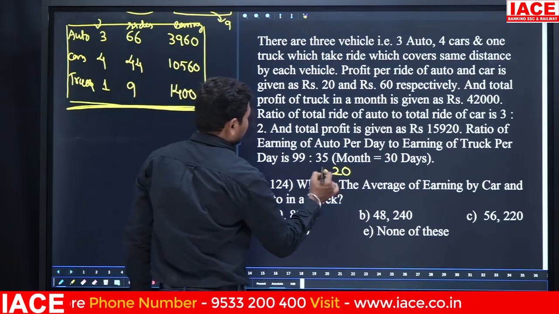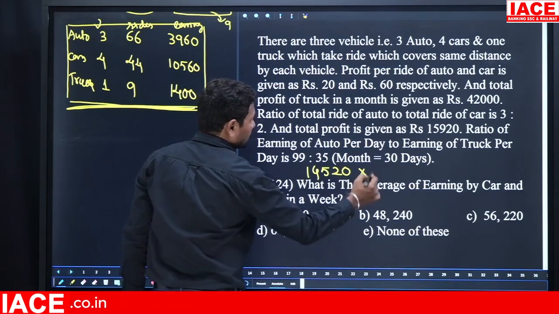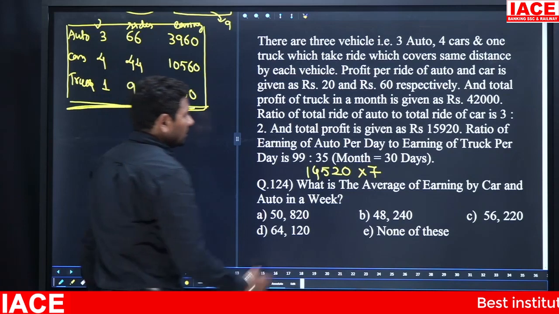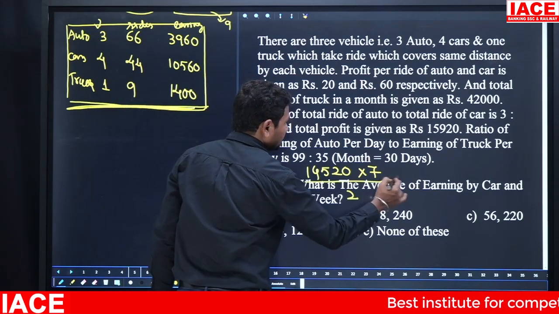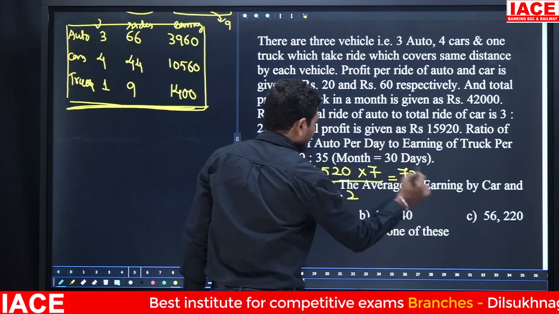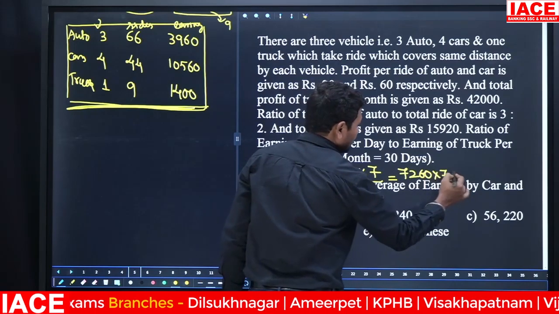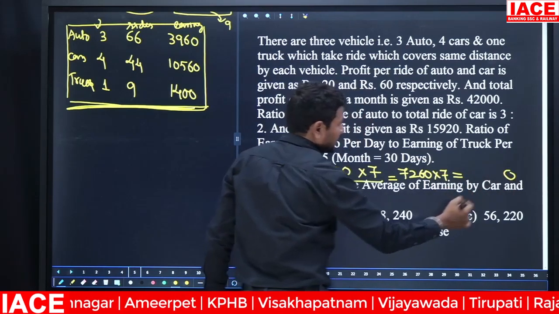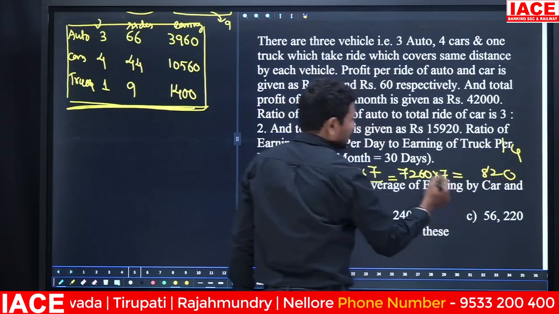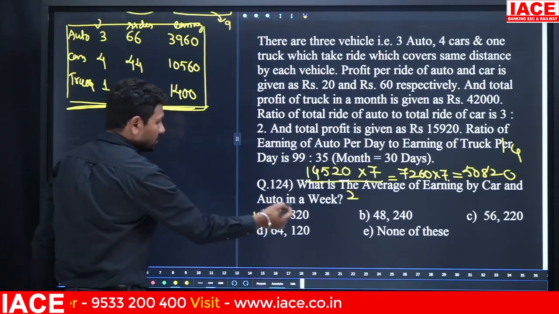It is a 15 and 14 and 1. It is multiplied with what value here? Average by 7, and here multiply with 2. Here multiply with 2. Now it becomes 7 and 260 into 7. Here 7 into 0 is 0, 7 times 6 is 42, carry forward 4, 7 times 2 is 14, 14 plus 4 is 18, 7 times 7 is 49, it is 50820. 50820 means option A.